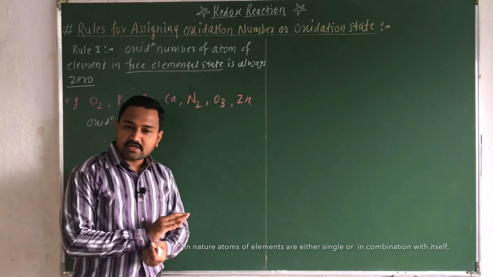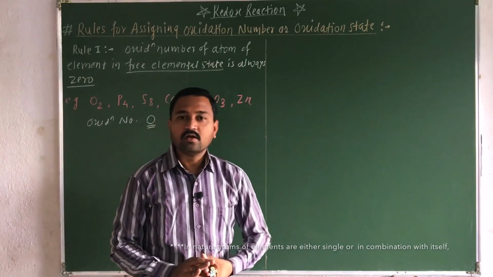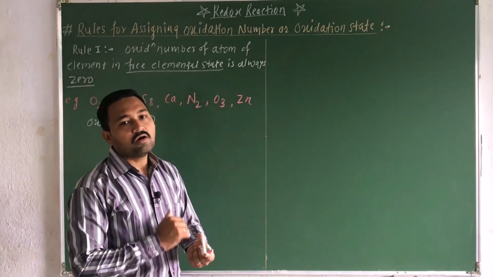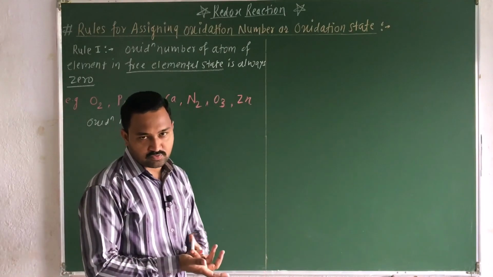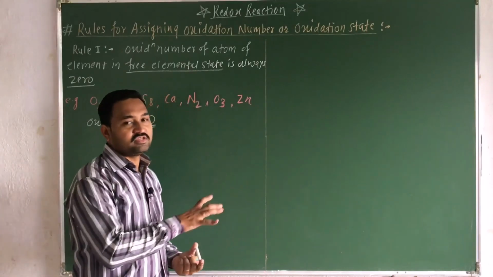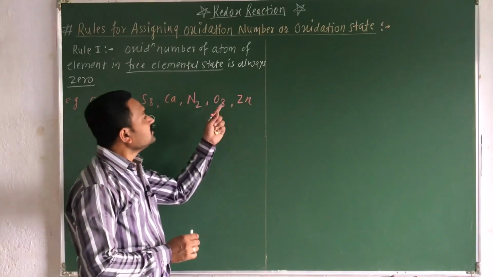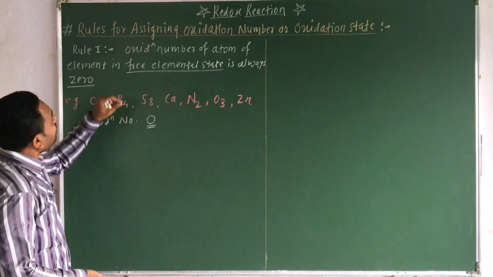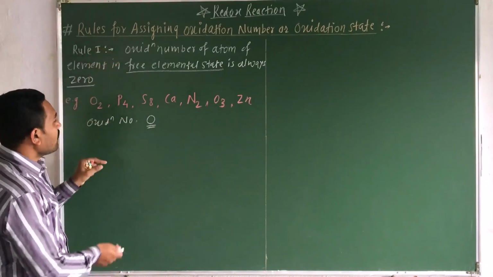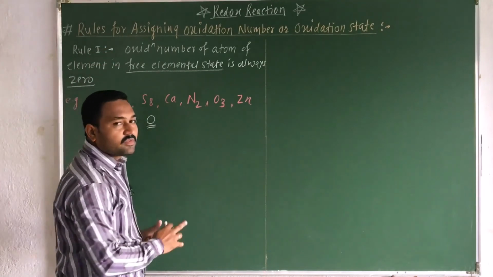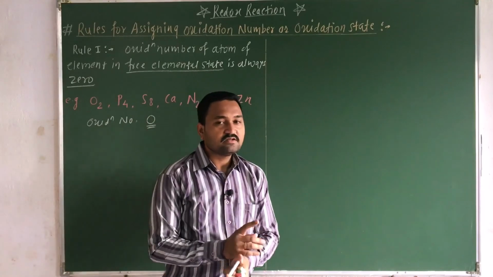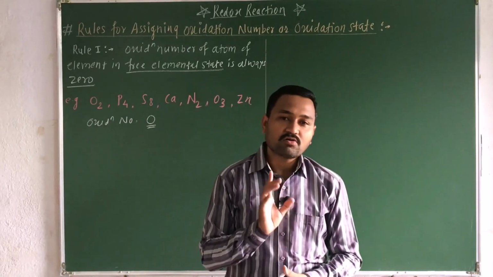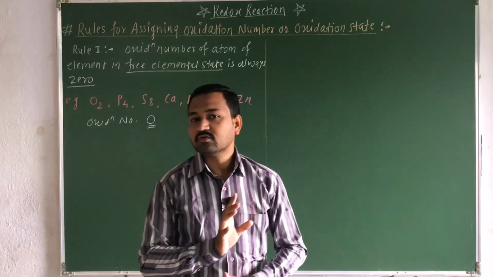Calcium, nitrogen, and the rest of the other elements are either monoatomic or diatomic. That is nothing but the free state. So our rule number one says that whatever element is found in the free state always has the oxidation number 0. Keep it in your mind.